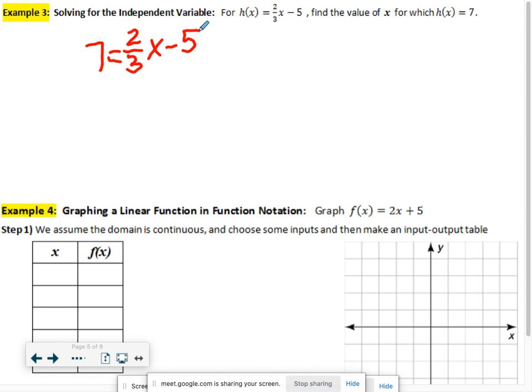So what would we do first here if we want to get x by itself? Yeah, add 5 to both sides. That would give us 12 equals 2 over 3x.